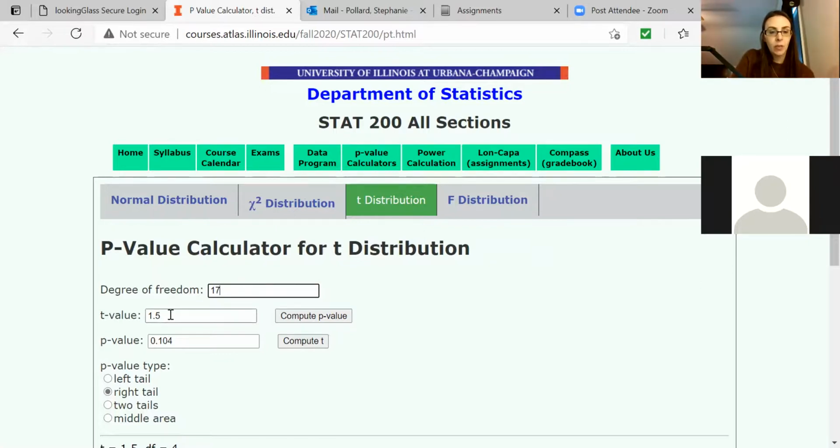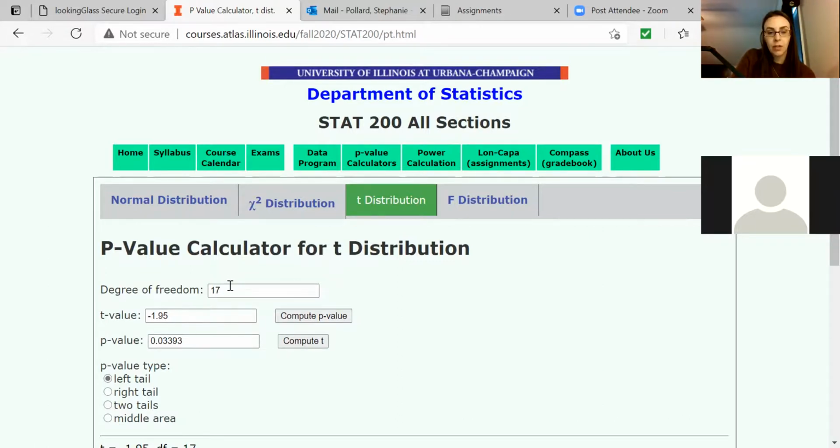You do have to enter what the t-value was, so you would have to calculate that by hand like we did. So it was negative 1.95. You don't have to worry about the p-value because we're going to find that, but you do have to decide what kind of test it is. It is a left-tailed test. So once you do that, it will probably get filled in, but if you're not sure, just hit compute p-value. And again, it got filled in automatically, but it'll be right there.